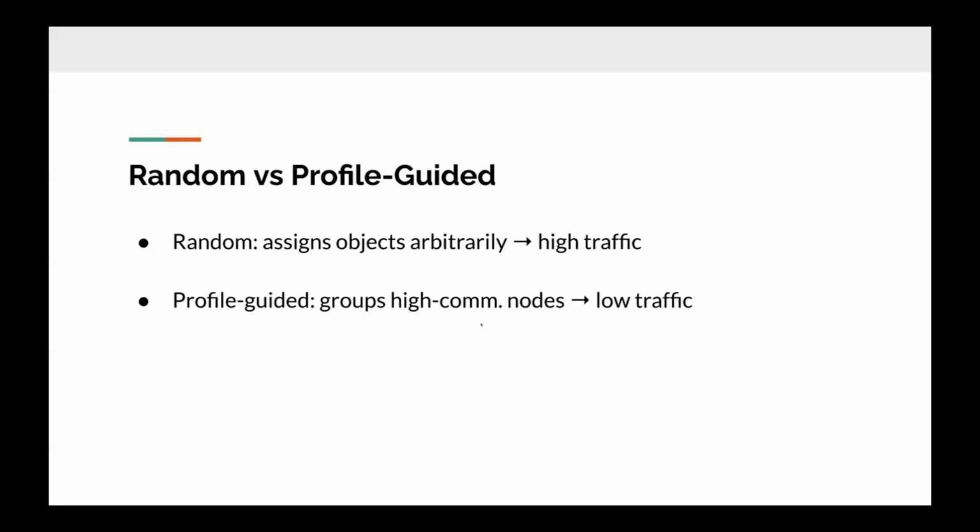By clustering high traffic object pairs, we keep the communication local and make the overall simulation run much faster. So it's important to note both methods preserve functional correctness. But the performance difference between them is often massive, and we'll show that concretely with benchmarks and runtime comparisons shortly.